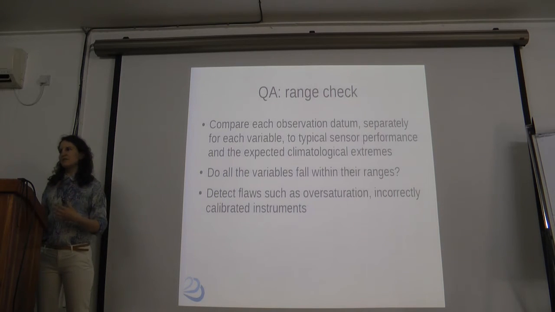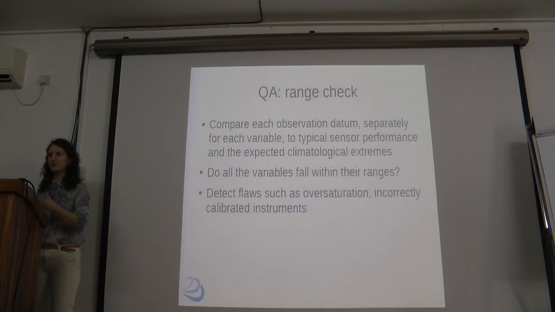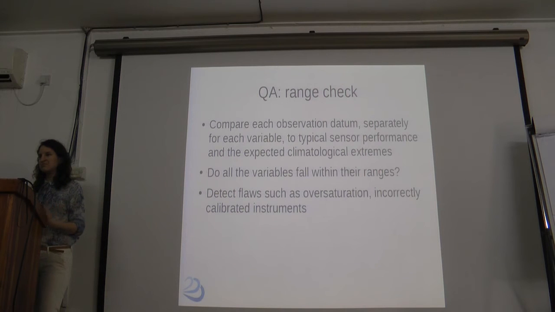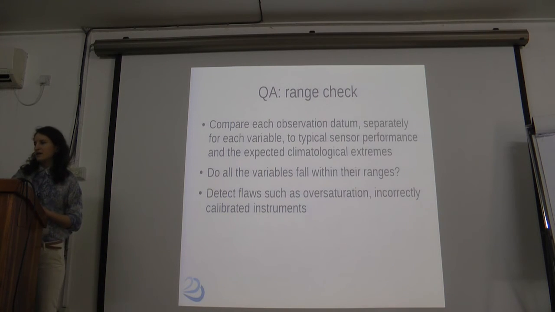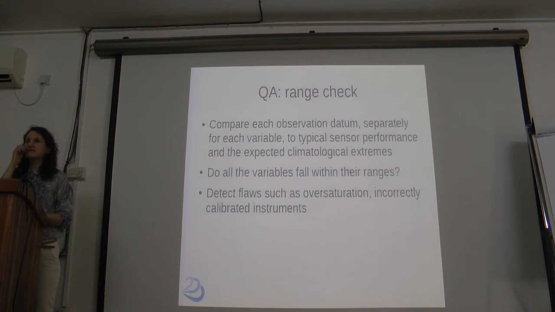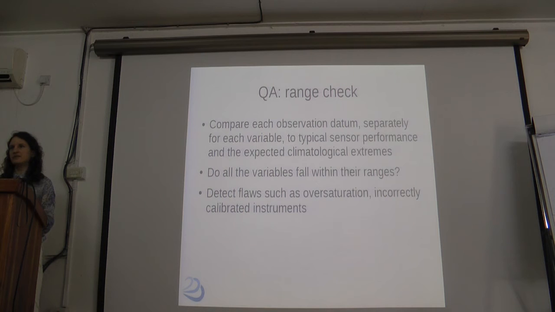You can also compare with some typical values for your region. So, do all the variables fall within their ranges? And if it finds an error here, it stops testing.